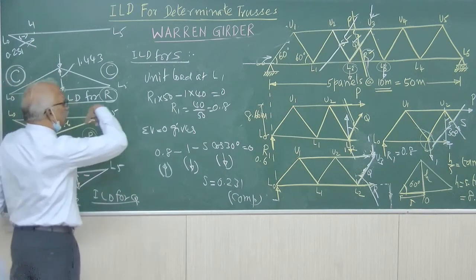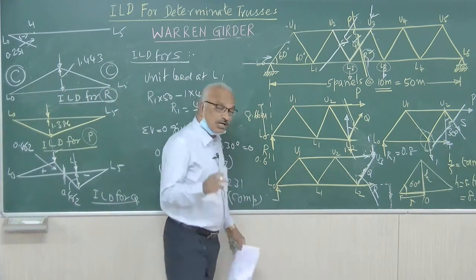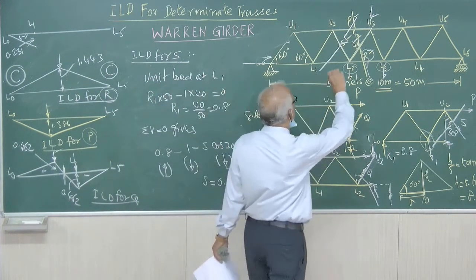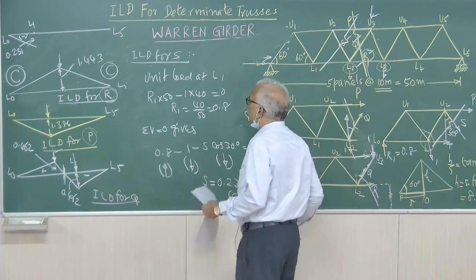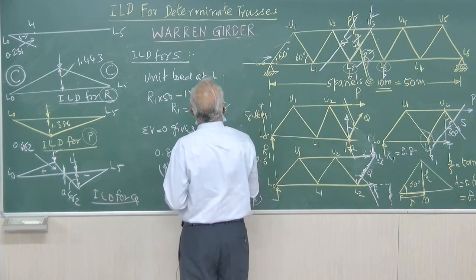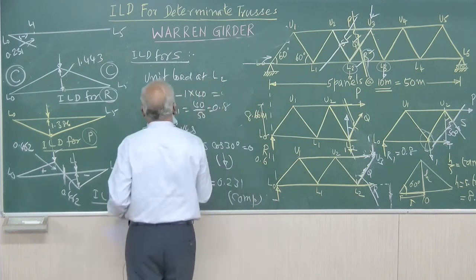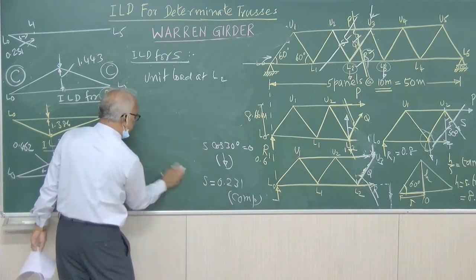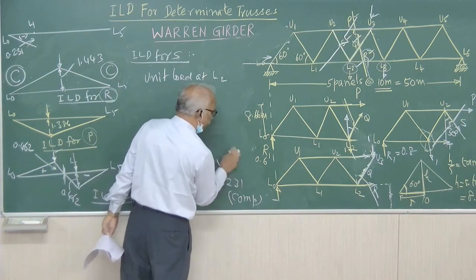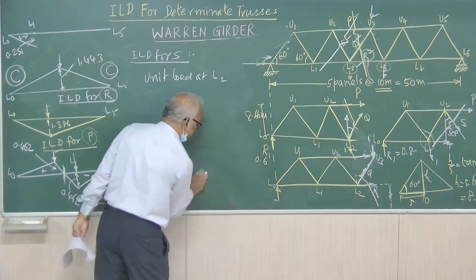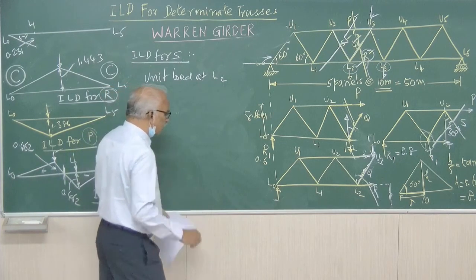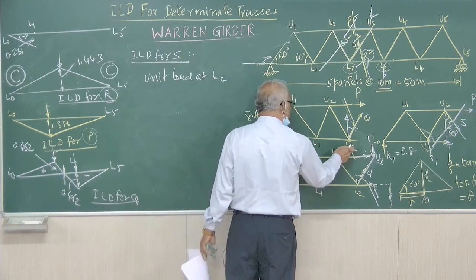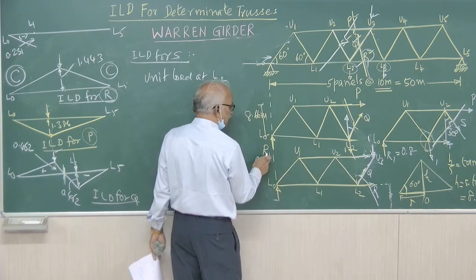Now we will apply the unit force at the right of the cut section in the loaded chord. You know, the bottom chord is the loaded chord. Therefore, now we will apply the unit force at L2. When the unit force is applied at L2, we already know that the reaction is 0.6.